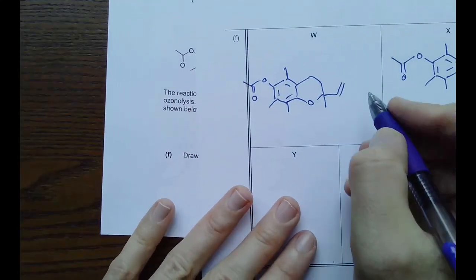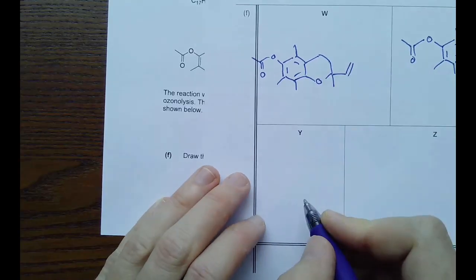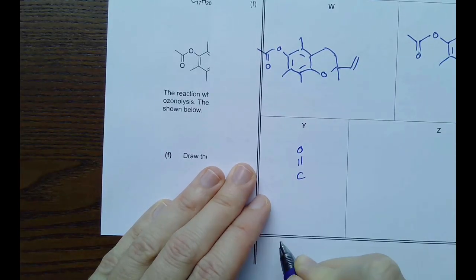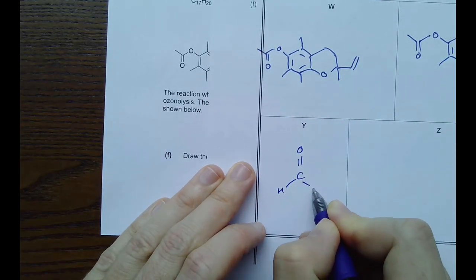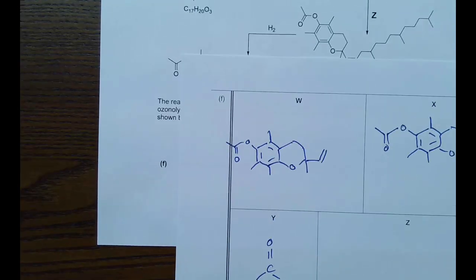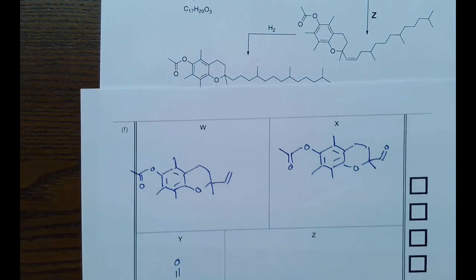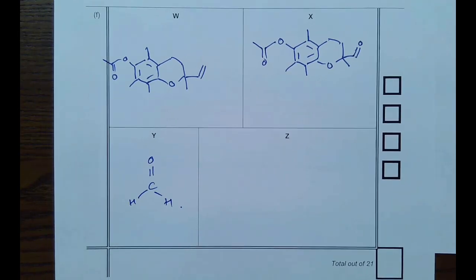And what's this carbon bonded to? It's bonded to 2 hydrogens. So I get my carbon with my double bond oxygen, and I get my 2 hydrogens. Okay, so that's my byproduct Y. And then finally, really fantastic question.